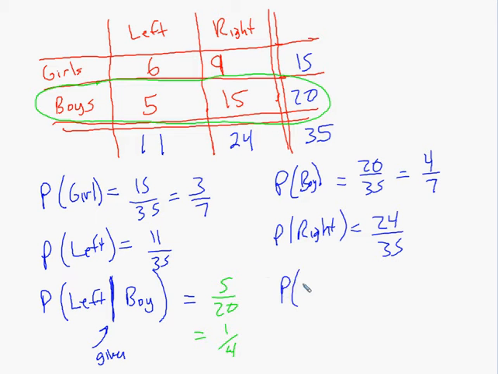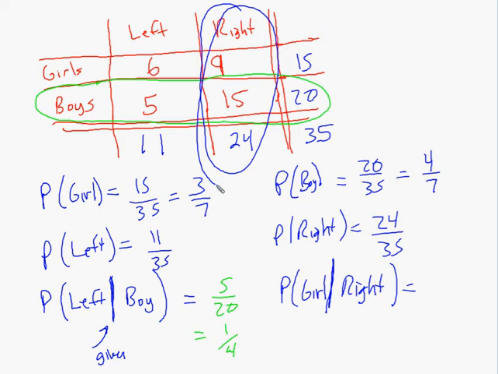What's the probability of it being a girl given I know that I have a righty? Well, I know I have a right-handed, right? You see what I'm saying? So this side right here is telling me that I know for whatever reason that this event has already happened.